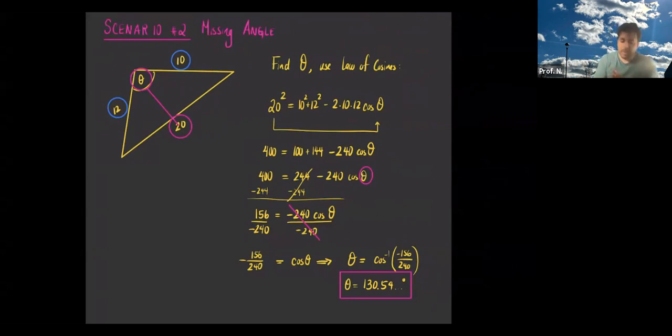Make sure you do the arithmetic correctly. PEMDAS is crucial here. You have to apply the inverse function for cosine to figure out the angle. And you get that the angle is an obtuse angle, 130.54 degrees.